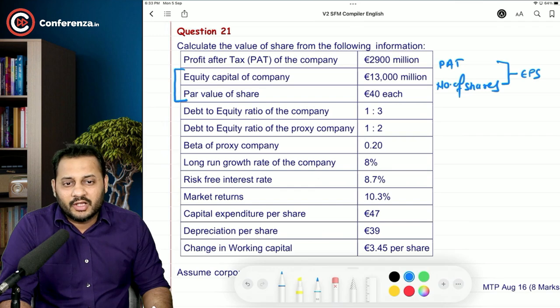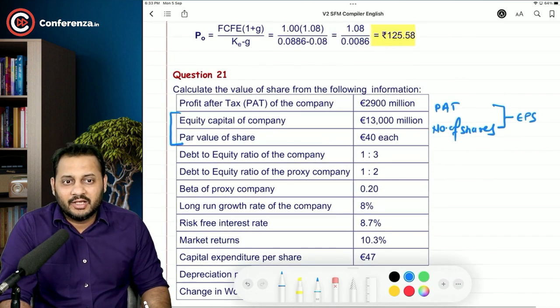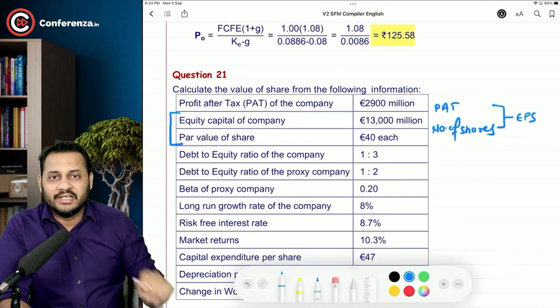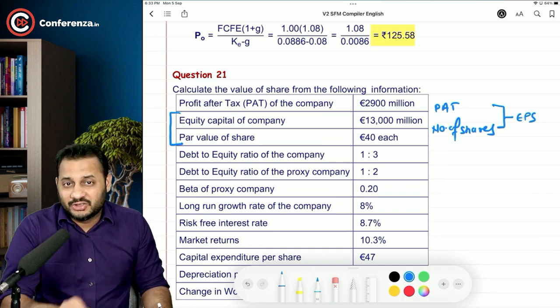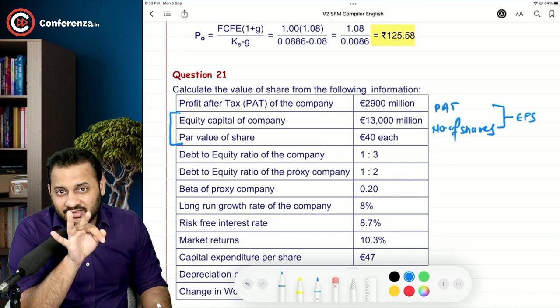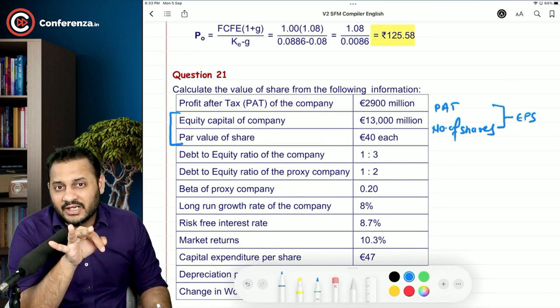And what are we going to do with the earnings per share? Can we calculate the value of the share using EPS? No, sir. We have to convert that EPS into cash flow. It is right now only earning. We have to adjust those 3 things: depreciation, capital expenditure, and working capital in order to convert that earning.